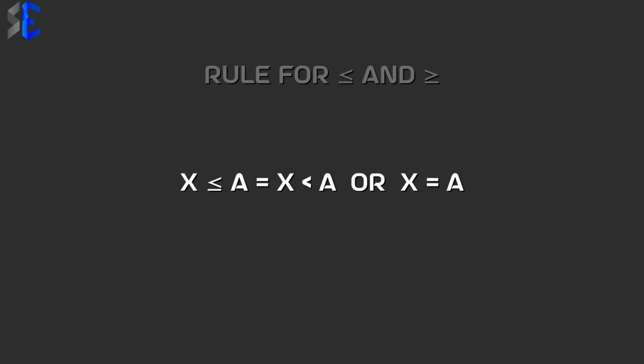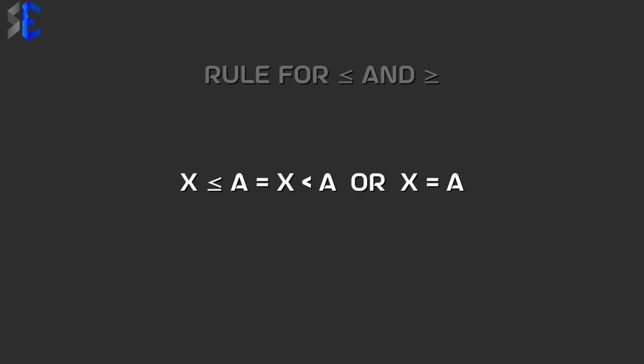So here's the rule when you have a greater than or equal to or less than or equal to. If you have two real numbers, x and a, and x is less than or equal to a, this is equivalent to x is less than a or x is equal to a.